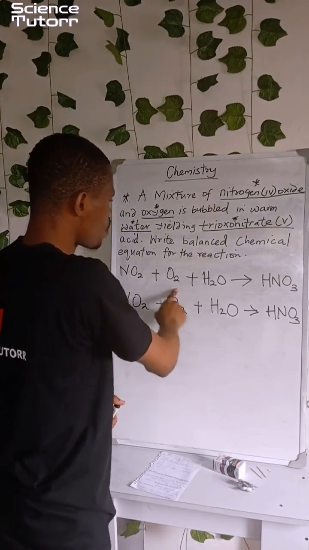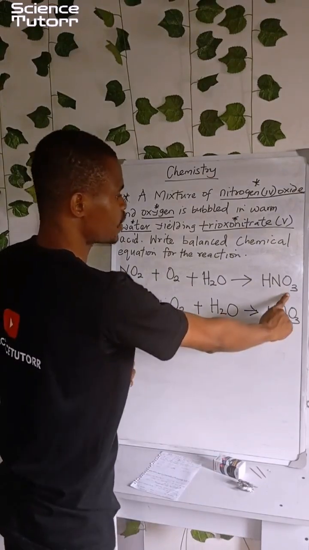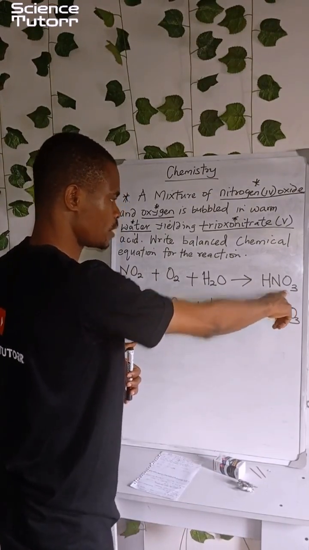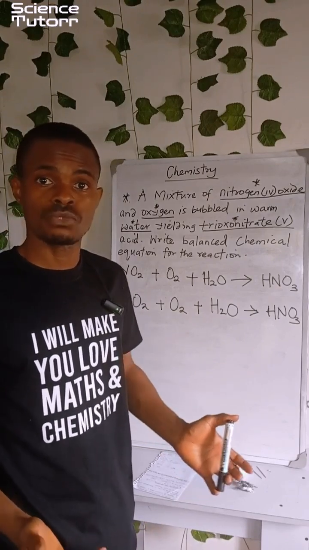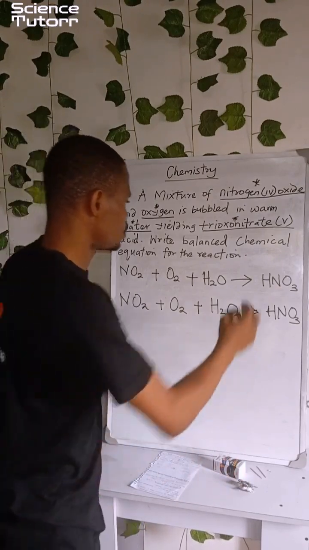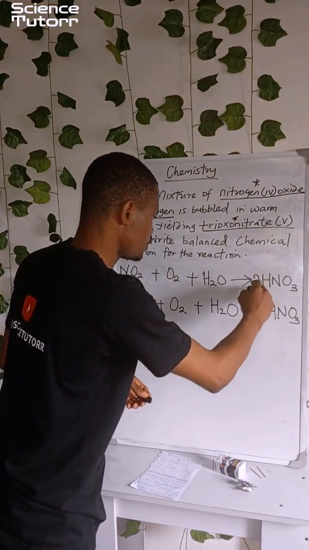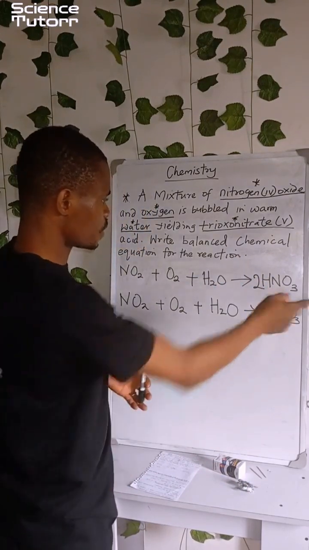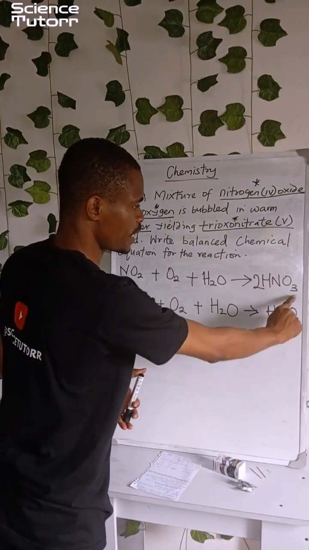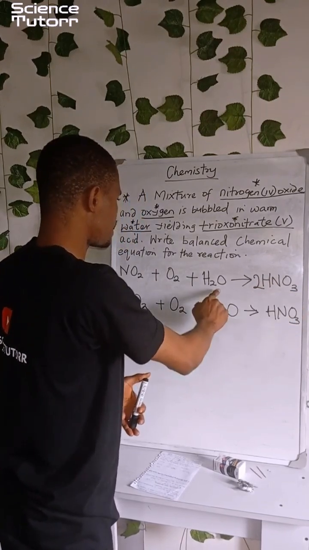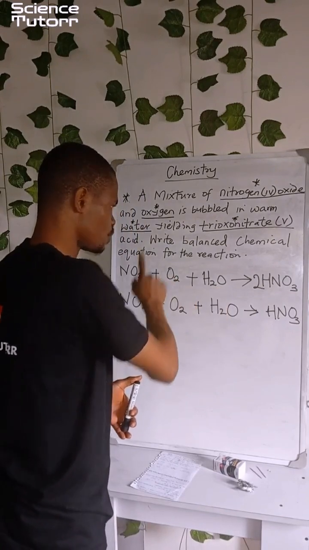Now I have 5 oxygen on the reactant side, 3 oxygen on the product side, which is not balanced. So I think of a number from 2 and above. I add 2 here, for example. What has this 2 done? It has made oxygen to be 6. 2 times 3 is 6, while I still have 5 oxygen on this side.